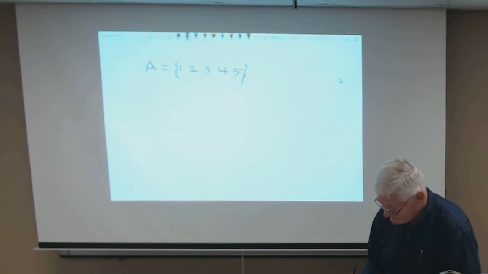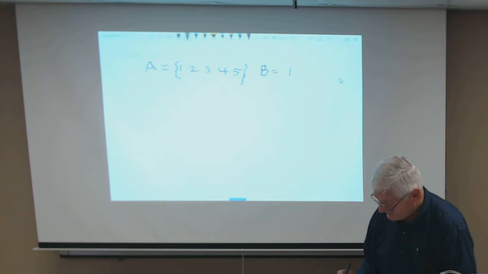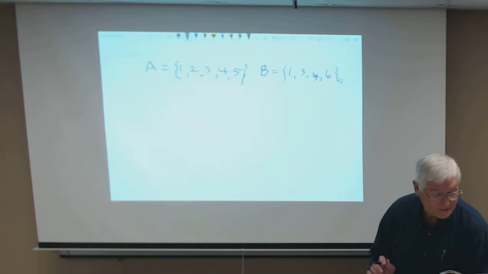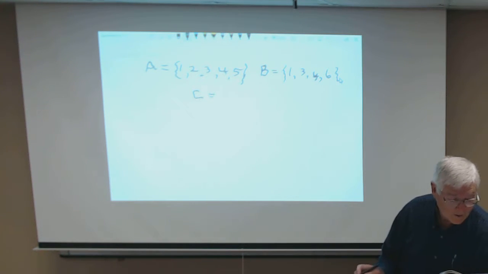And B is the set {1, 3, 4, 6}. Put commas in here. Put brackets around it, those squigglies. And C is the set {1, 6, 7}.